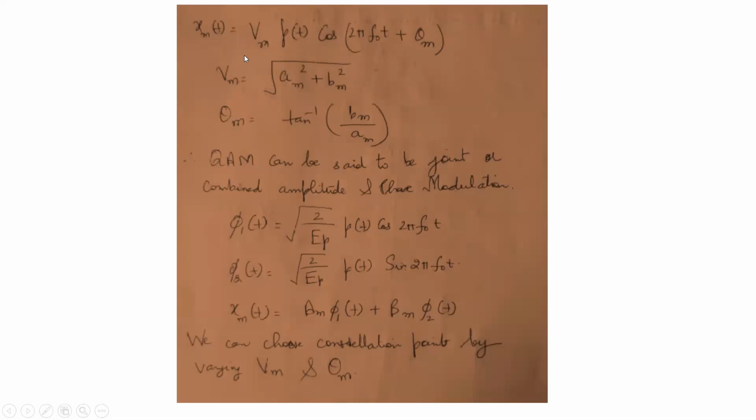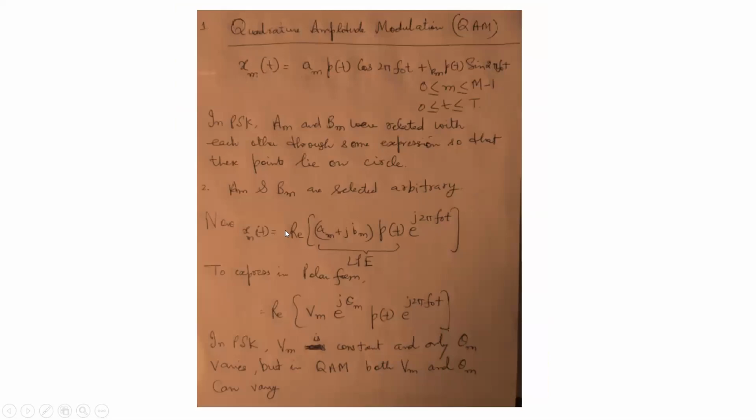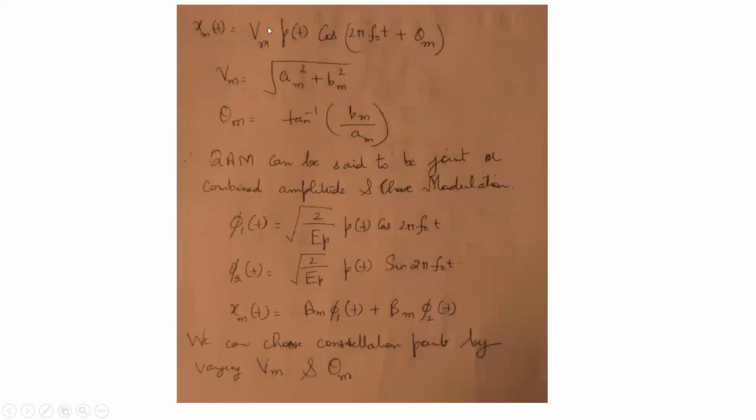So what is Vm? Vm is the square root of AM squared plus BM squared, which is the magnitude of this complex number AM plus jBM, and theta m is tangent inverse of BM over AM. That's the phase part. So QAM can be said to be joint or combined amplitude and phase modulation.